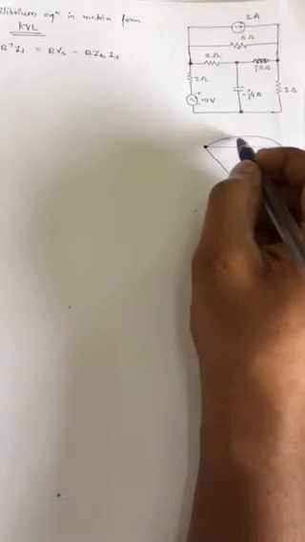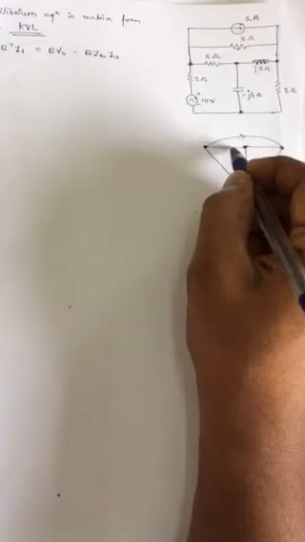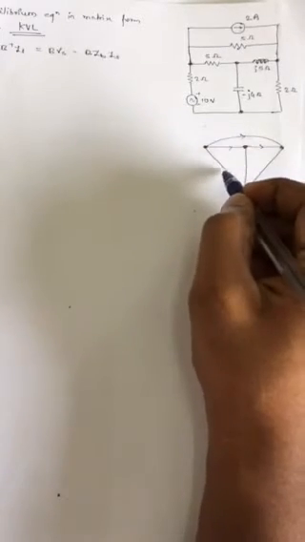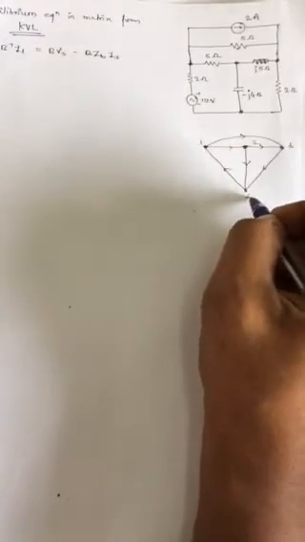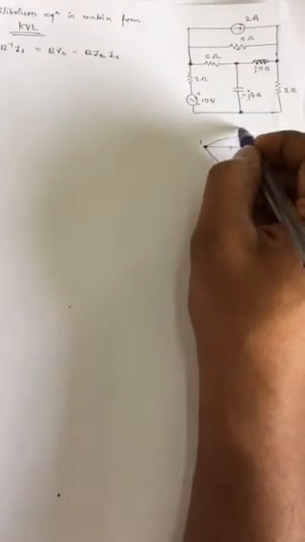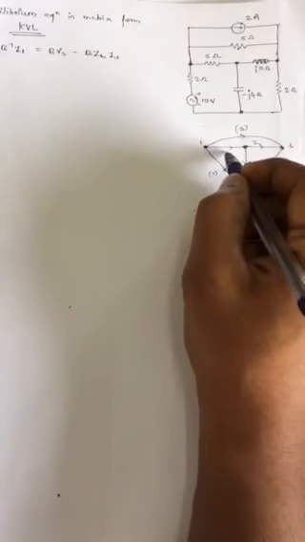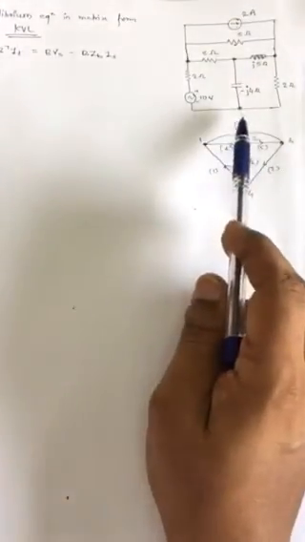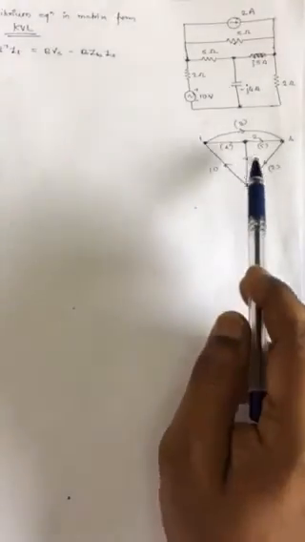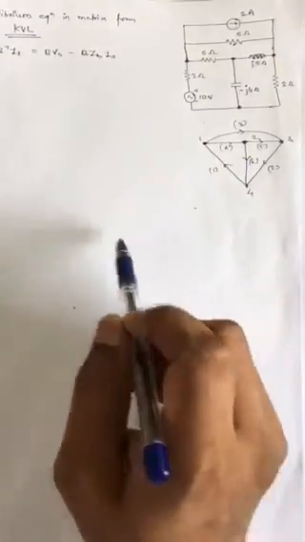We'll consider the directions. This is node 1, node 2, node 3, node 4, branch 1, branch 2, then branch 3, branch 4, branch 5 and branch 6. We have to consider the current source, but how to consider it I will tell you later. In the tree we definitely do not consider the current source.